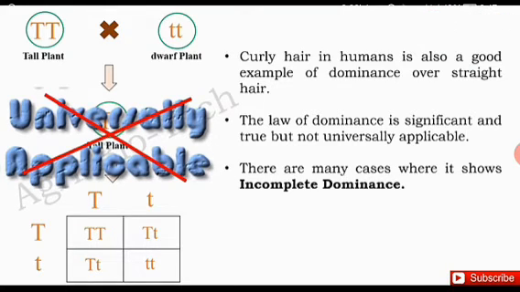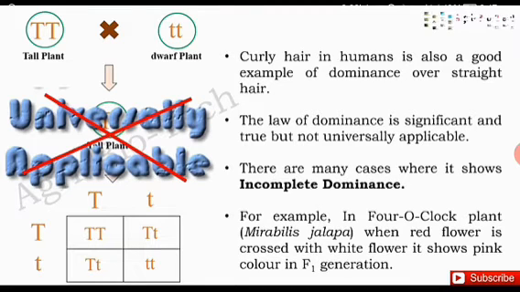For example, we study the four o'clock plant, Mirabilis jalapa. When a red flower is crossed with a white one, it shows pink color in the F1 generation. Now in the F1 generation they got all pink color. Pink color is in between red and white. So this is called incomplete dominance.